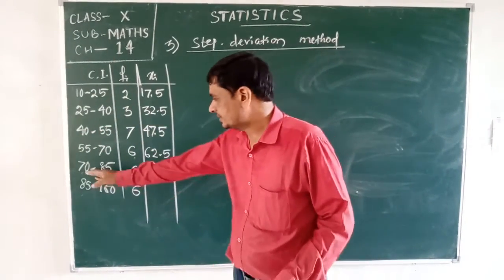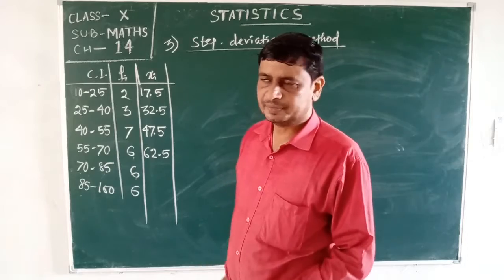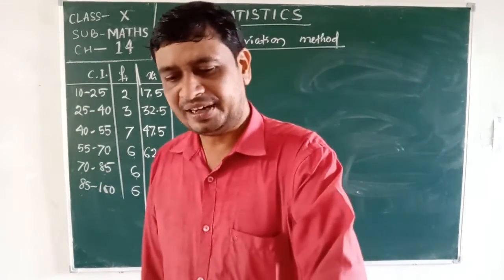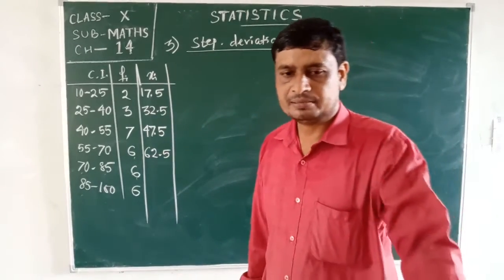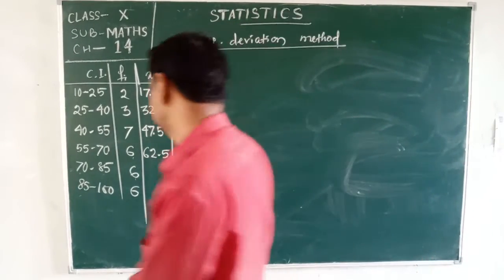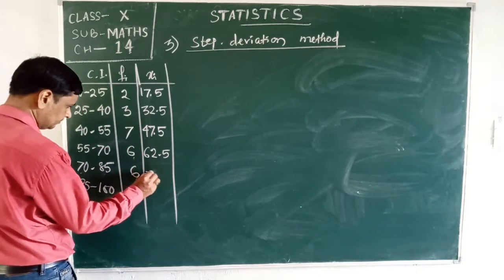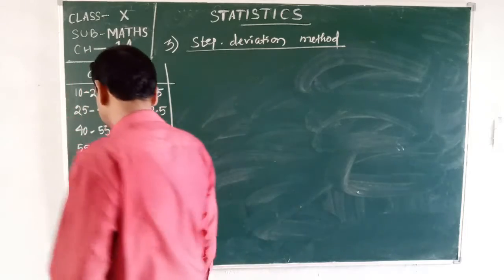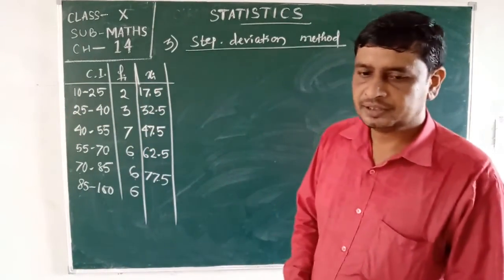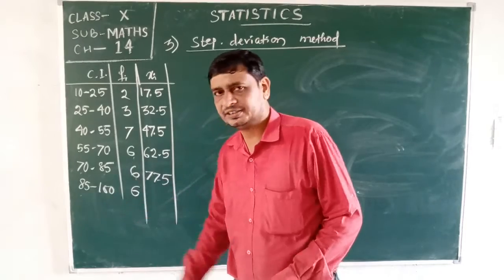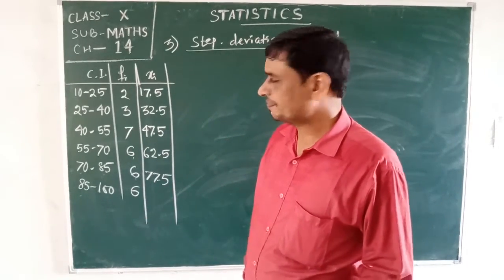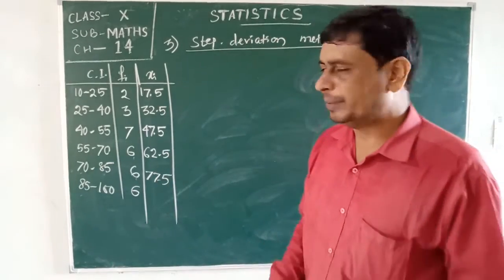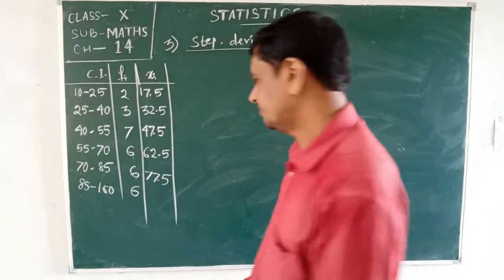Next class is 70 to 85. The class mark will be 70 plus 85, that is 155, by 2 becomes 77.5. Next, for the class 85 to 100, the class mark will be 85 plus 100, that is 185, by 2 is 92.5.